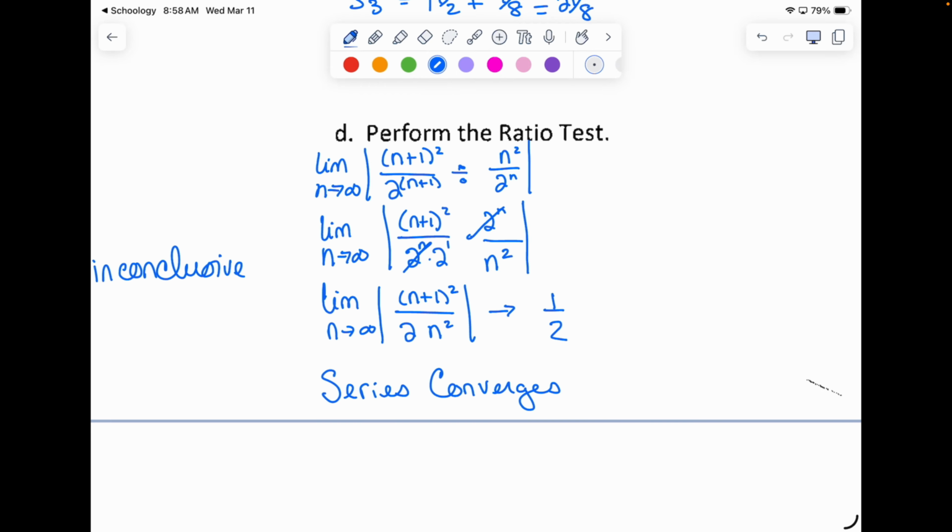My coefficient is 1/2. Now, this is really important. The ratio between the terms is 1/2. The series does not converge to 1/2.